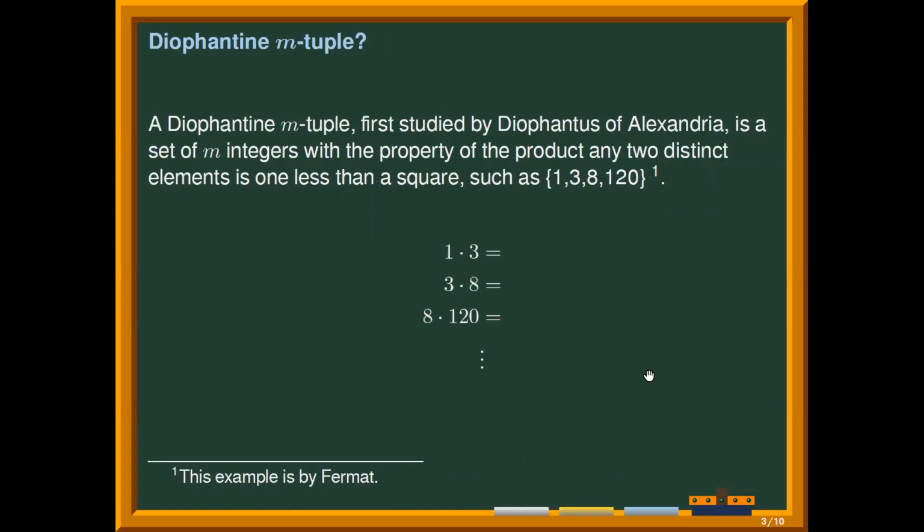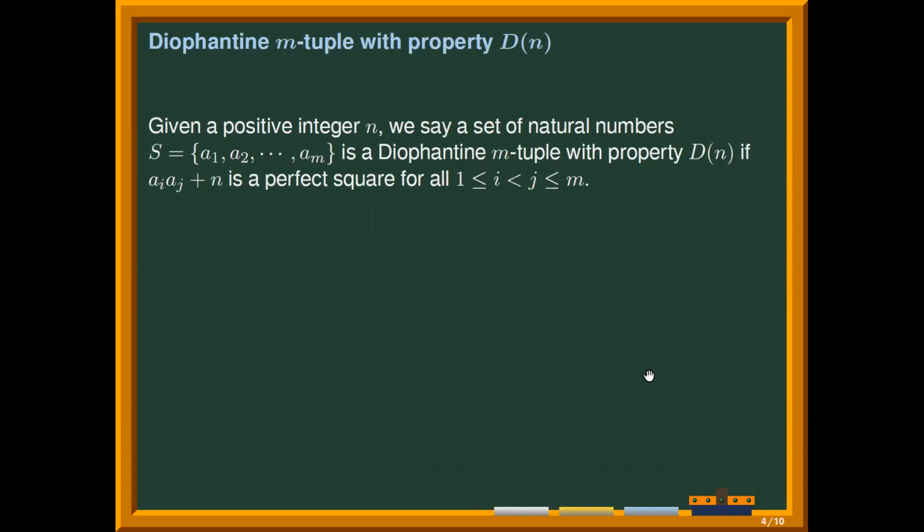We can generalize this part in the following way, and we call this definition a Diophantine M-tuple with property Dn.